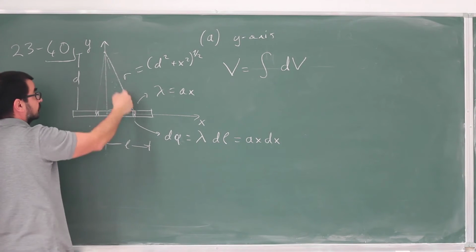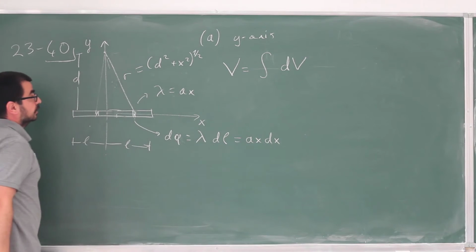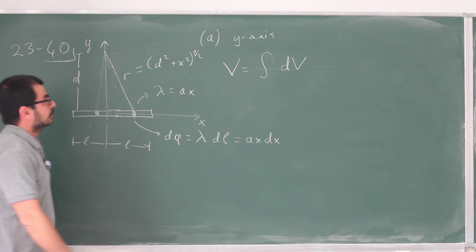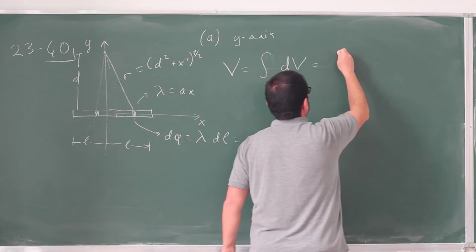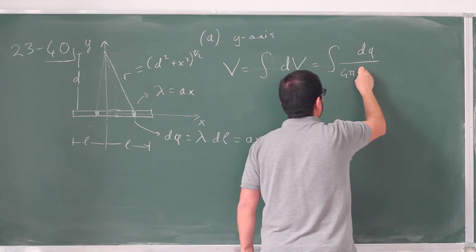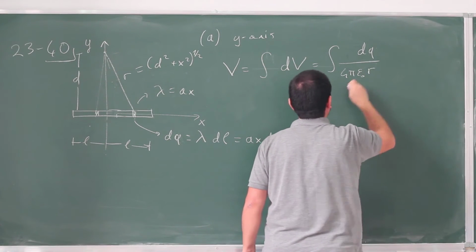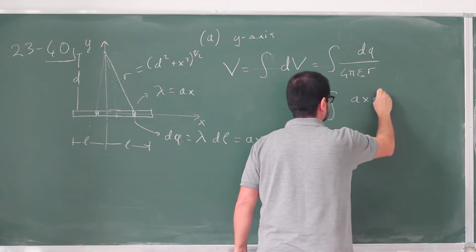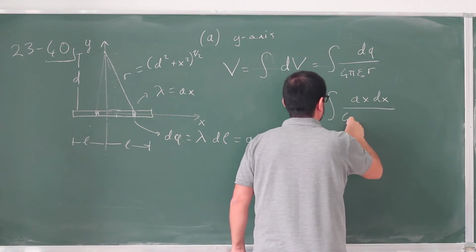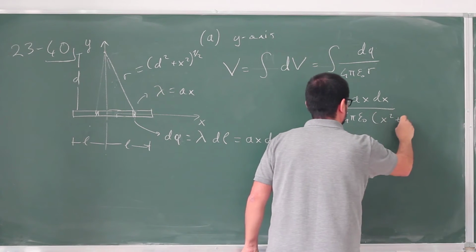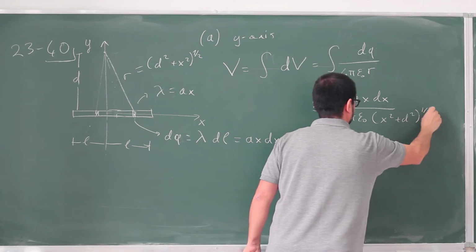So the hypotenuse of this right triangle is given by the Pythagorean theorem. So dV is going to be dq by 4 pi epsilon naught r, and now I can write what I have. This is going to be A x dx divided by 4 pi epsilon naught times (x squared plus d squared) to the power of a half.